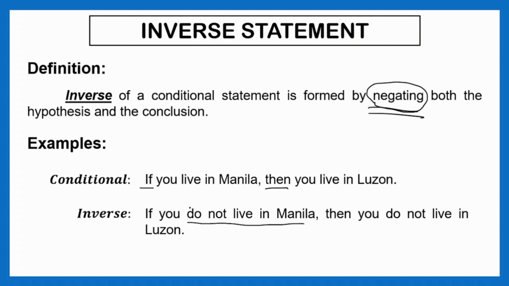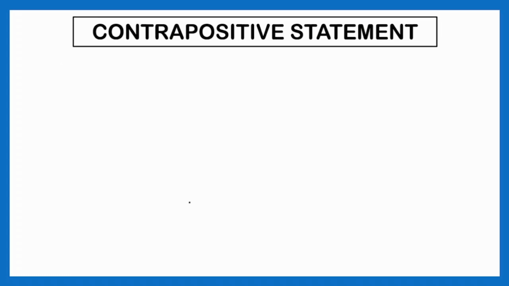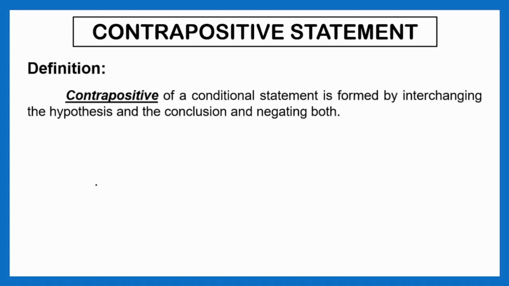Alright. Sige. So, let's have another. Yung pangatlo na gagawin natin is the contrapositive statement. Ano namang meron kay contrapositive? So, when we define contrapositive, ito yan, contrapositive of a conditional statement is formed by interchanging hypothesis and conclusion and negating both. Alright. So, interchanging.